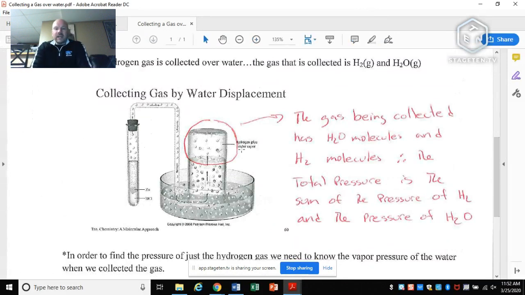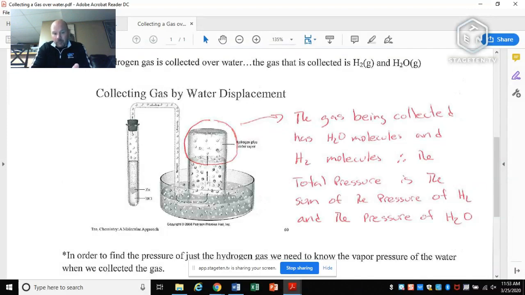Understand that water molecules, even at just room temperature, will vaporize a little bit. So what does that mean? It means the gas that's in here is the gas I'm collecting, in this case the hydrogen gas, but it's also the water gas particles from the water that vaporized. The total pressure of the gas in that compartment is equal to the pressure of the hydrogen gas I'm collecting plus the water gas that vaporized.